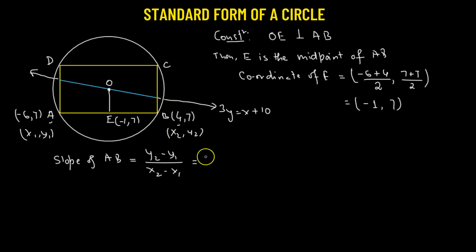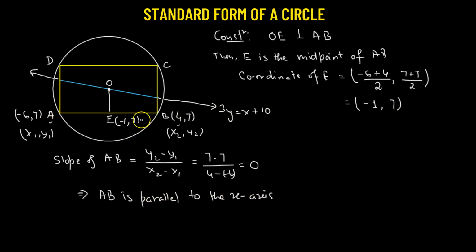So y2 minus y1 means we have 7 minus 7, divided by x2 minus x1, which is 4 minus -6. Since we have 7 minus 7 in the numerator, the slope comes out to be 0. And whenever the slope of AB equals 0, this implies that AB is parallel to the x-axis.